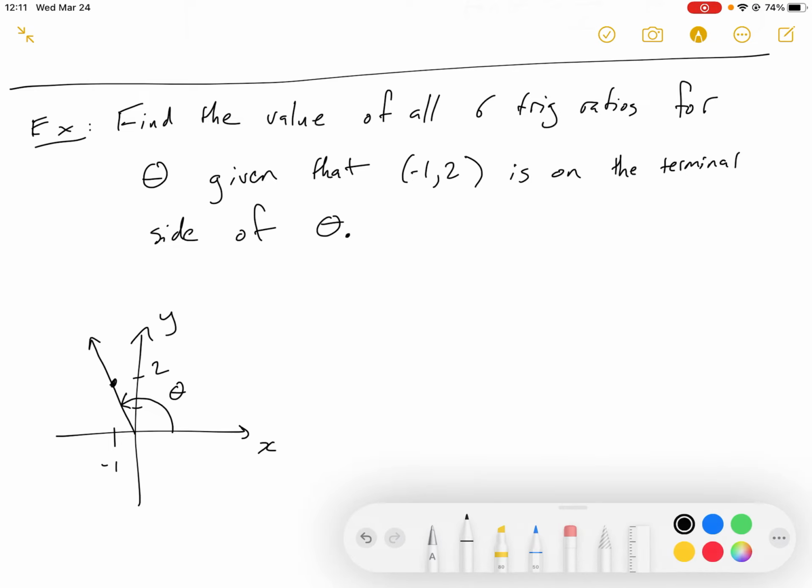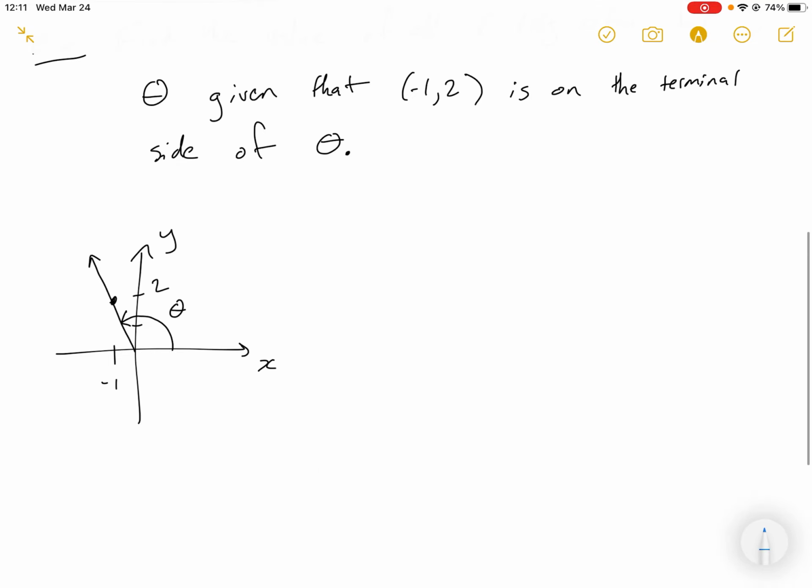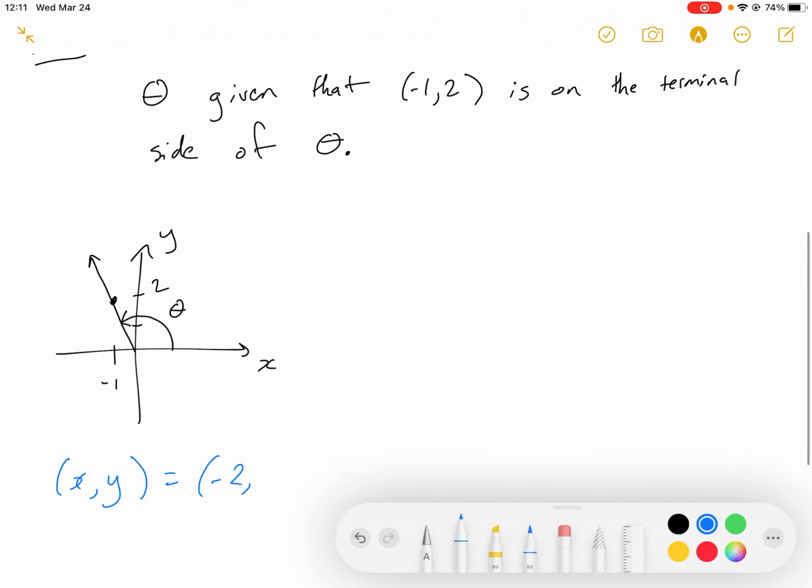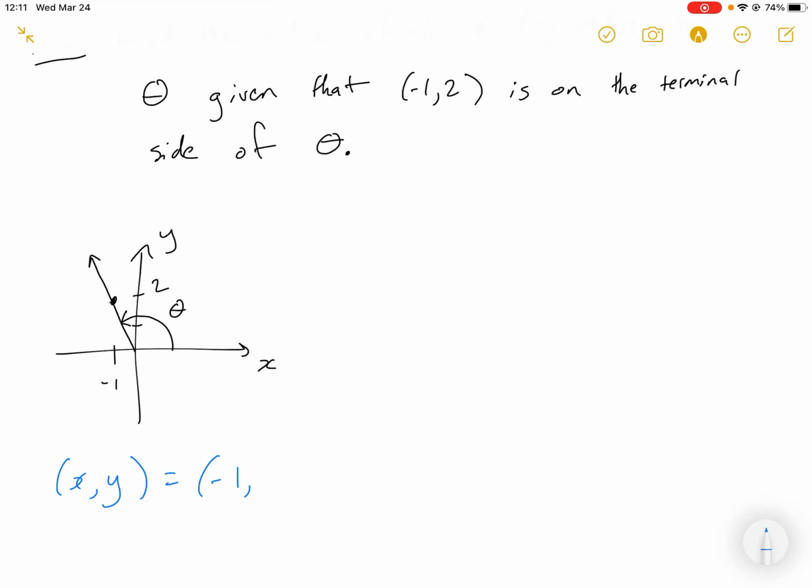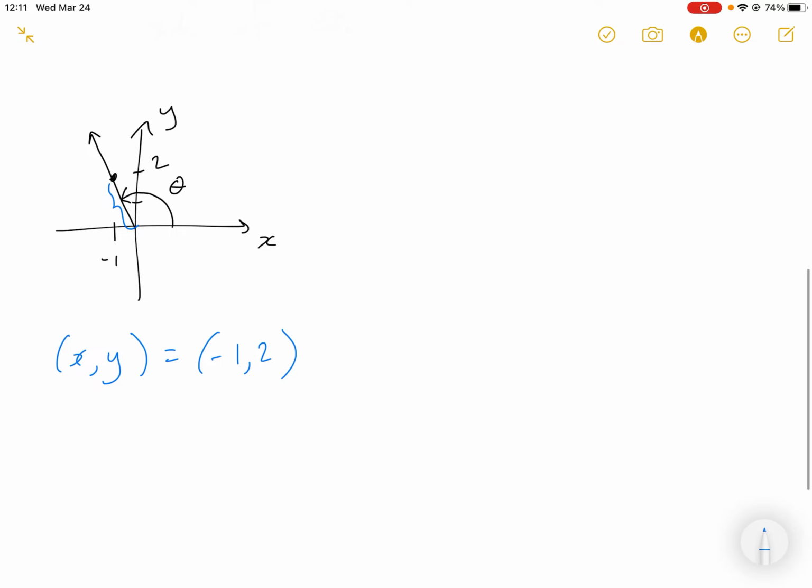Right off the bat, we can write down what our x and y values are. The point x, y is the point -1, 2.